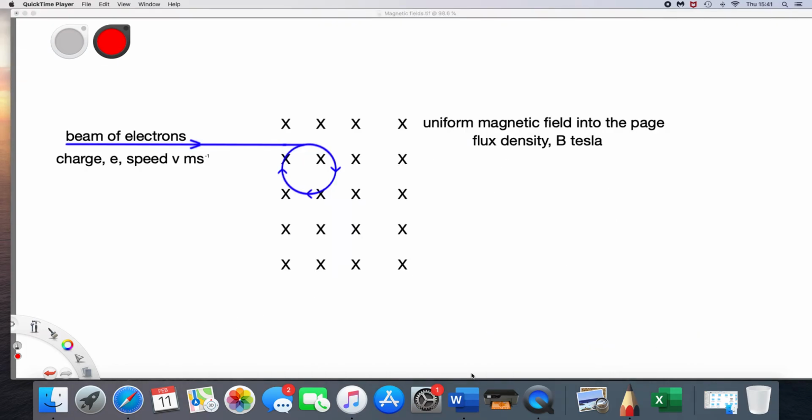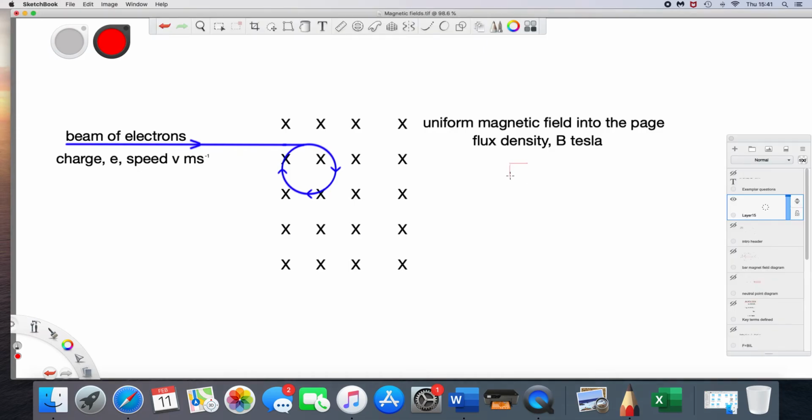Now let's look at how those electrons behave, or those charged particles behave, when they enter this magnetic field. So here we have our beam of electrons, charge e of course, speed v meters per second, and we have a force equal to Bve on those electrons.